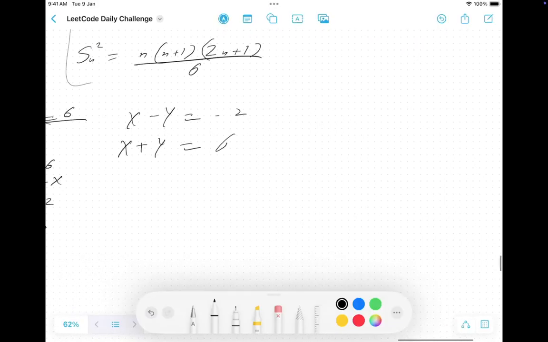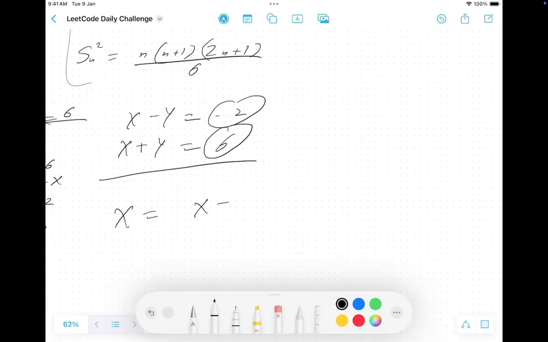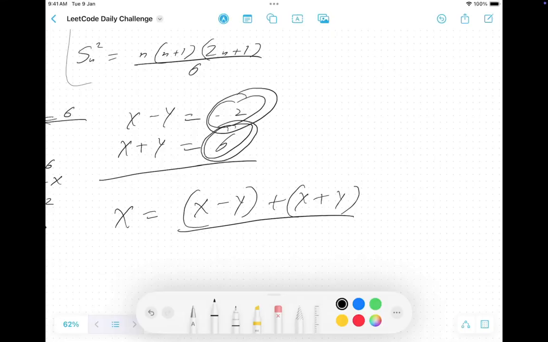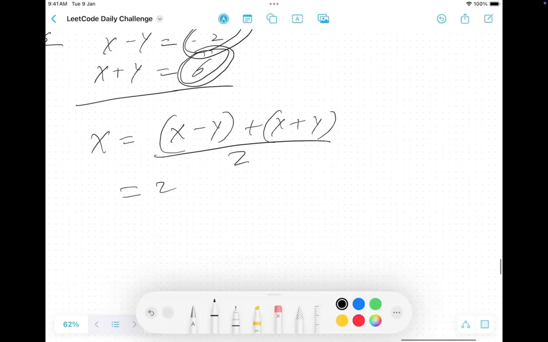And our x plus y is 6. So we know two equations, this and this. So let's sum it up and find the x. What is x? X is x minus y, this value plus this value, divided by 2, right? Yes, which is 2x minus y plus y by 2, which is x only.